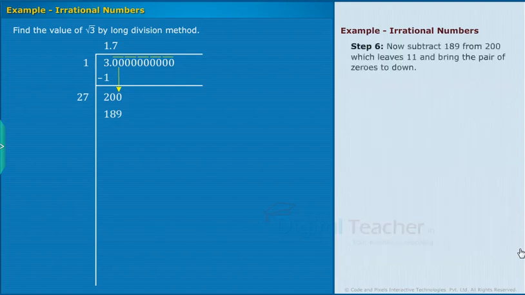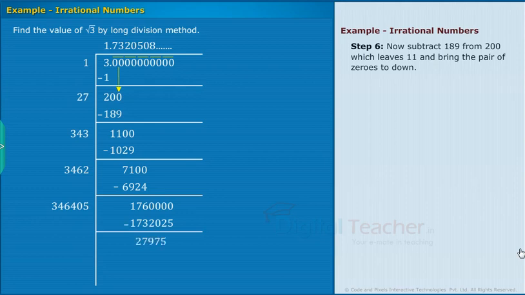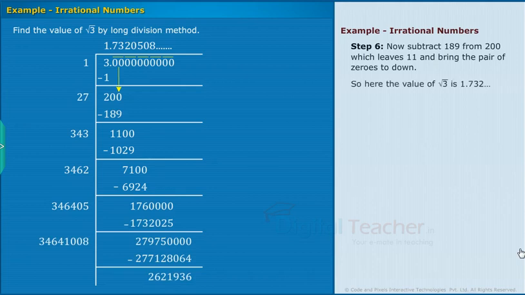Step 6. Subtract 189 from 200, which leaves 11, and bring the pair of zeros down. So, here the value of root 3 is 1.732 and so on.